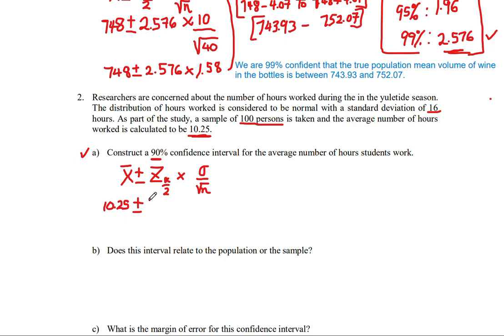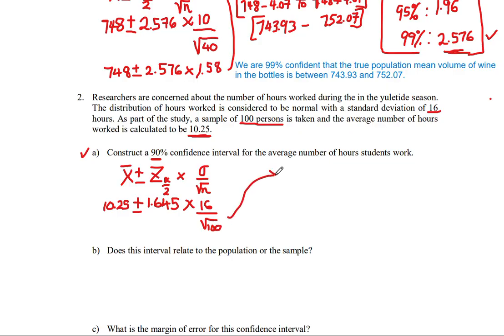So I'll insert plus or minus 1.645 here, multiplied by sigma, the standard deviation of the population, which is 16, divided by the square root of n, and n here is 100 because a sample of 100 persons was taken.